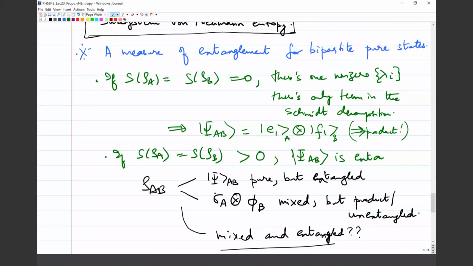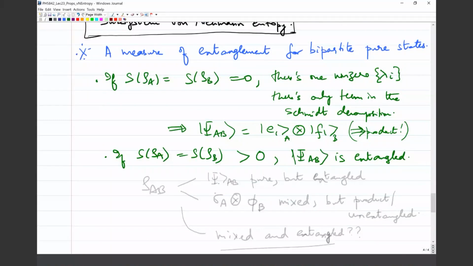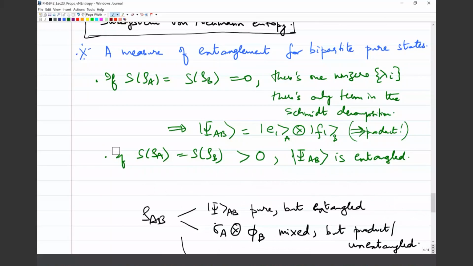All of this we've seen earlier when we did Schmidt decomposition, but it may be useful to recall. Always note that when I have a pure bipartite state, the entropies of the local subsystems are equal. If they're both equal to 0, then the state is a product state. If they are both non-zero, then the state is entangled.